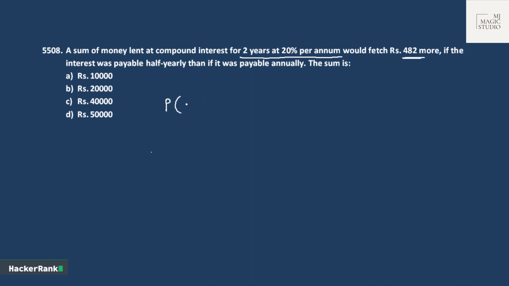That means the amount is P into 1.2 to the power 2, this is A1. And now if it is paid half yearly, the interest rate will become 10%, 20 by 2 is 10, and the number of times interest is paid in 2 years will become 4, because it is 2 years, half yearly, 2 into 2 becomes 4. So 1.1 to the power 4, this is A2.